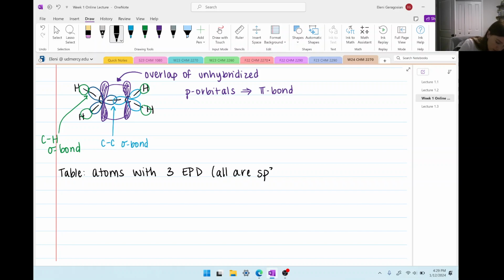All are sp2 hybridized, and trigonal planar electronic geometry.